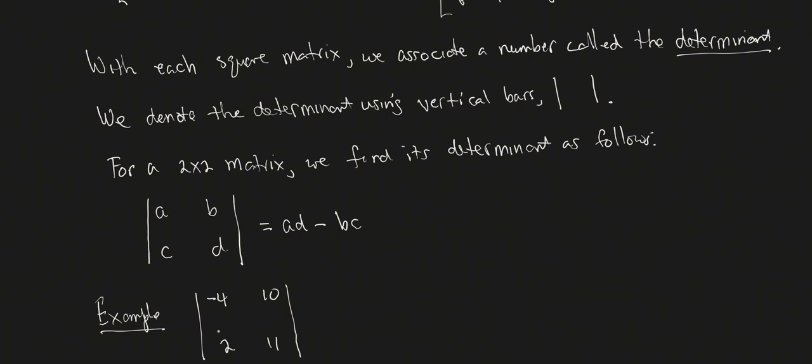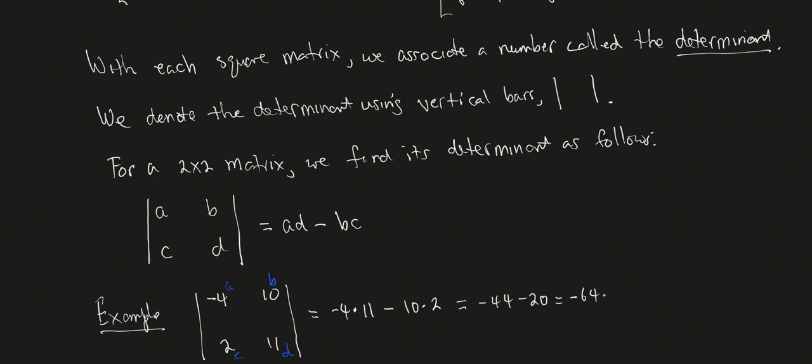Since it's 2 by 2, this is A, this is B, this is C, this is D. So this determinant is equal to -4 times 11 minus 10 times 2. Then I use my order of operations. So I have -44 minus 20, and this determinant comes out to be -64.